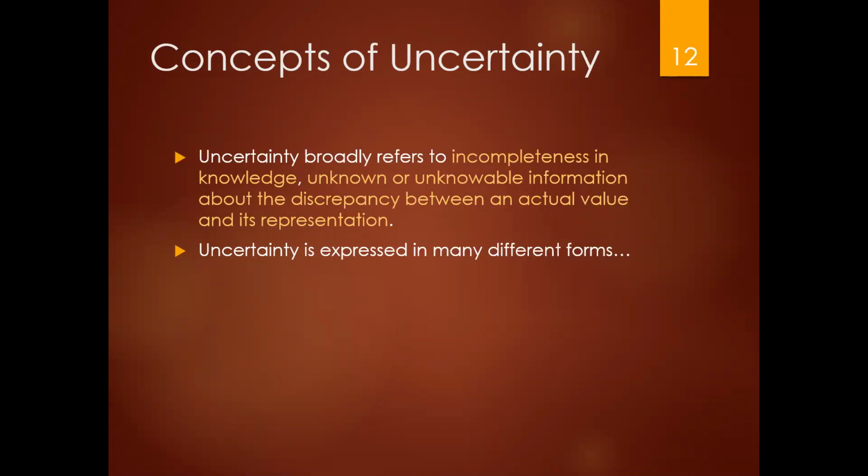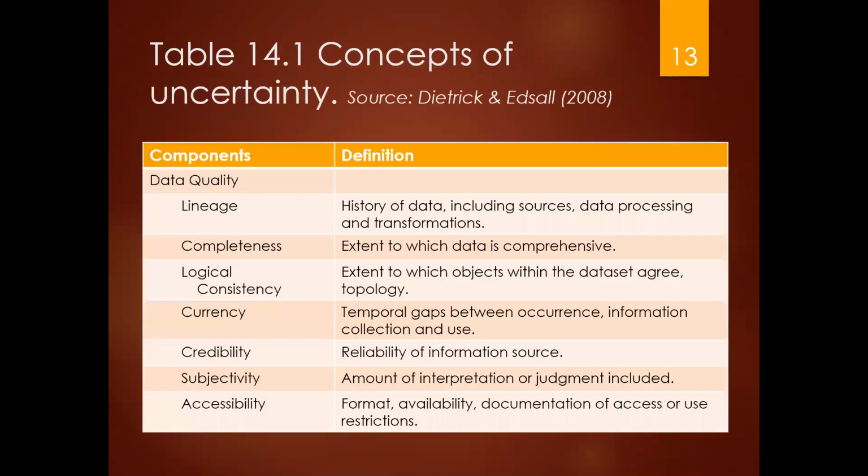Okay, and uncertainty is expressed in many different forms, which means in order to address uncertainty, you can use a lot of indicators to address it, which also indicates that uncertainty is actually everywhere, right?